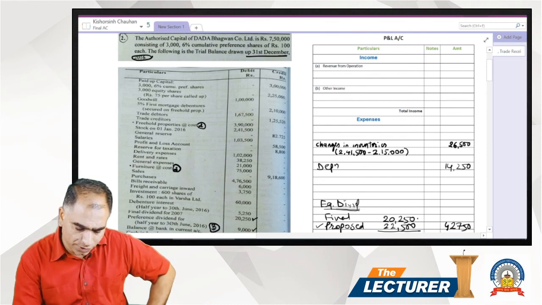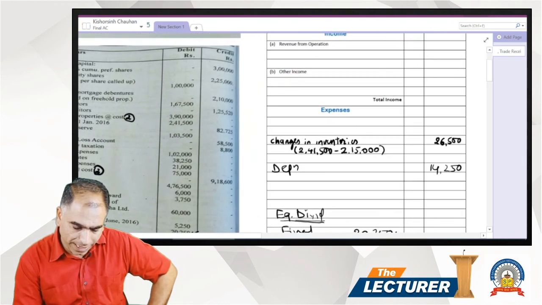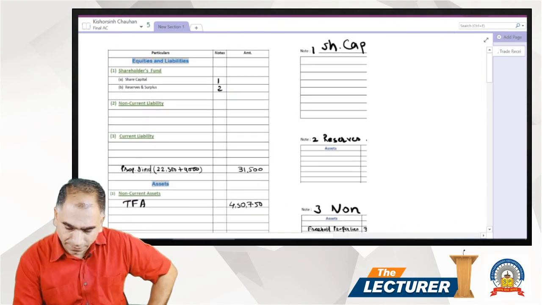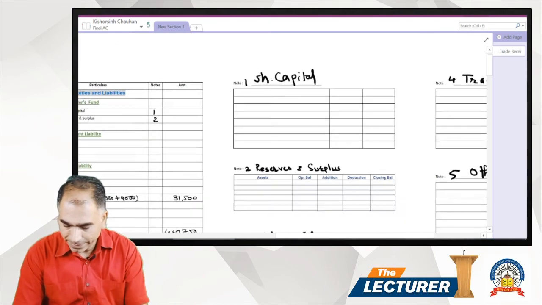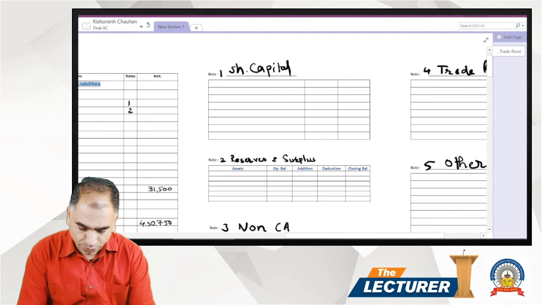First of all, we have the share capital. So share capital, you have to have two parts. One, authorized share capital and then issued share capital.